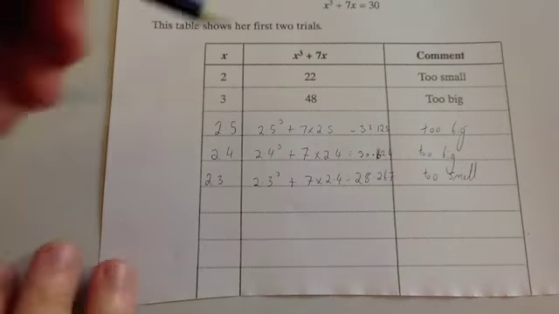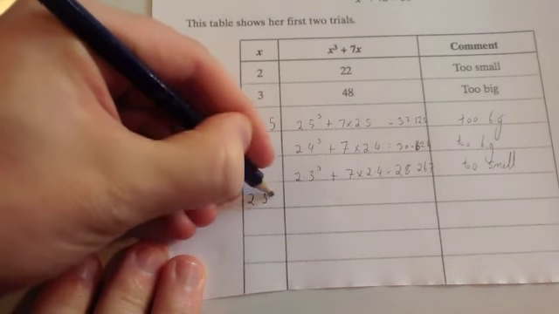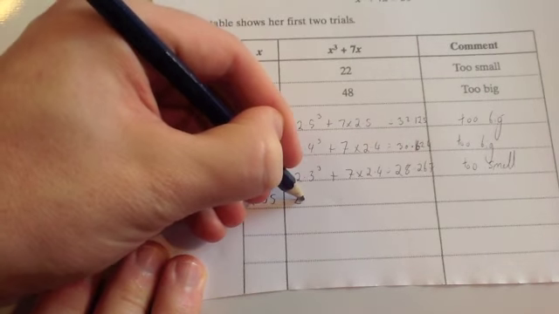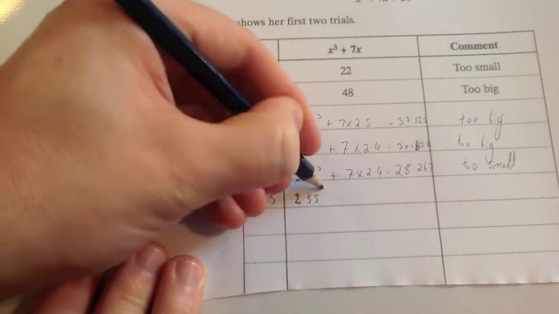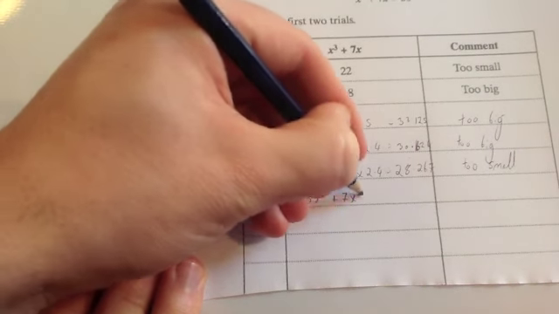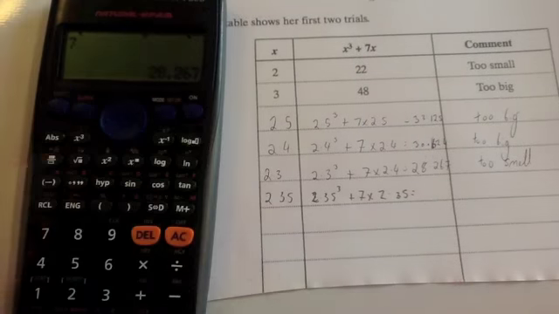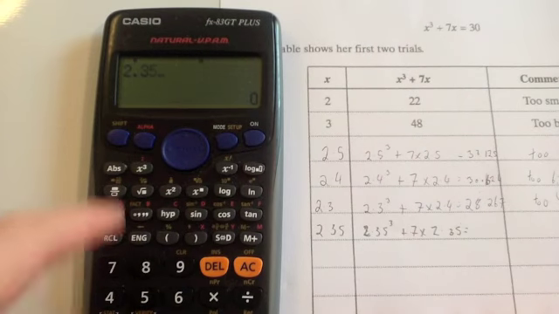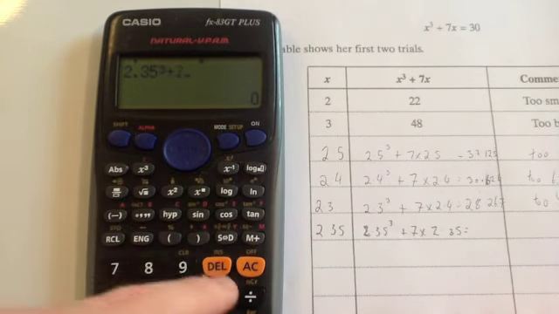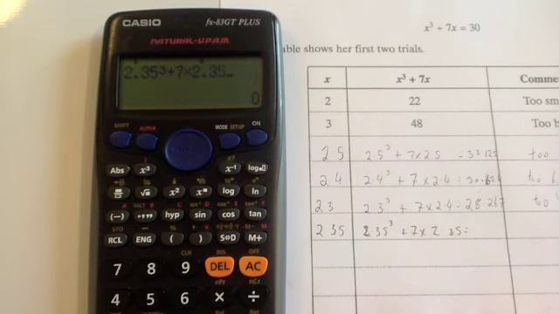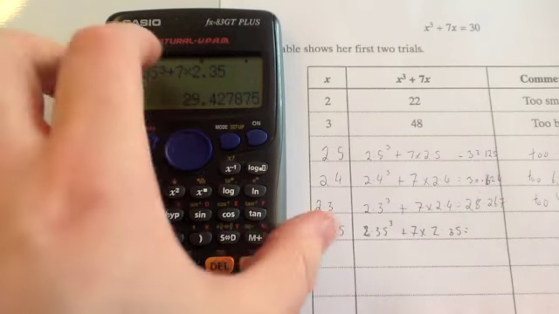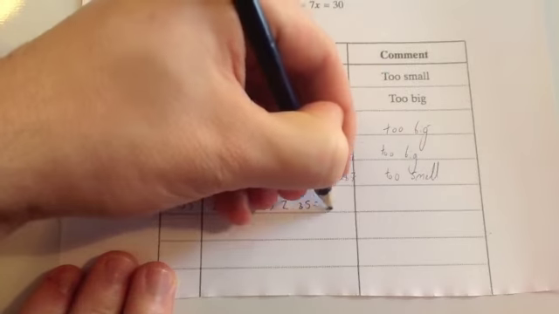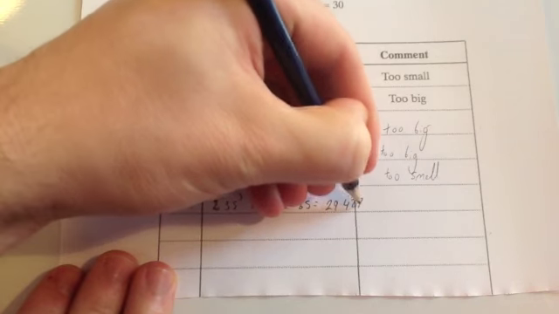So let's try our 2.35. Write down what you're doing: 2.35 cubed plus 7 times 2.35. Again, just try that in your calculator. When we do that, we get 29.427, which is too small.